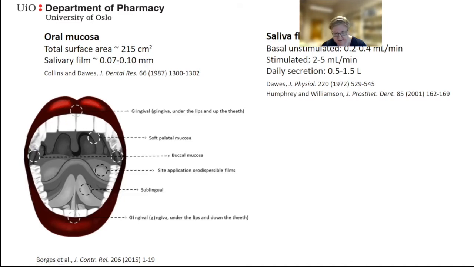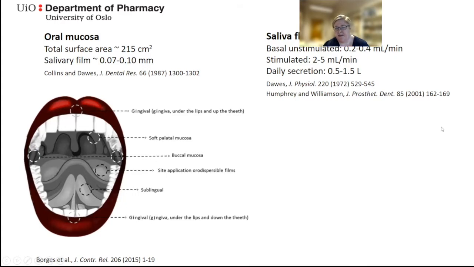Also, the lack of saliva flow is a severe problem. And dry mouth, whether it's caused as a side effect of drugs or radiation to the neck, or other reasons, it can severely impact people's quality of life.